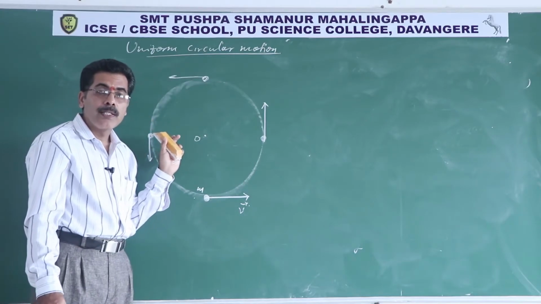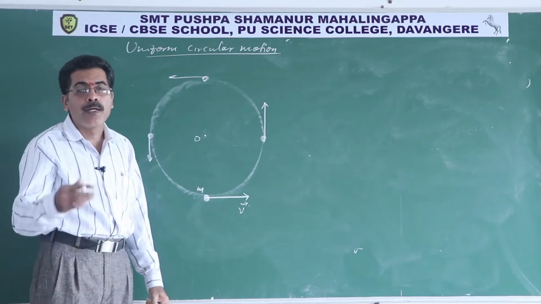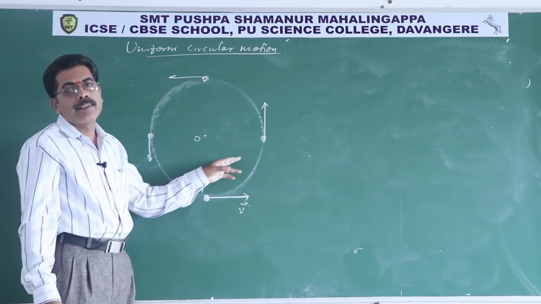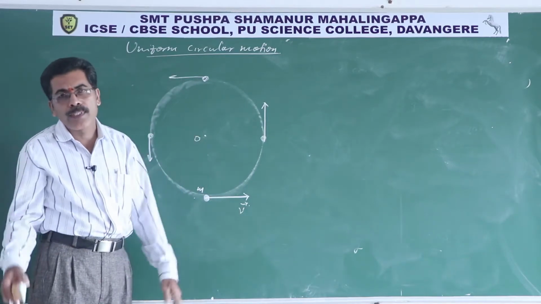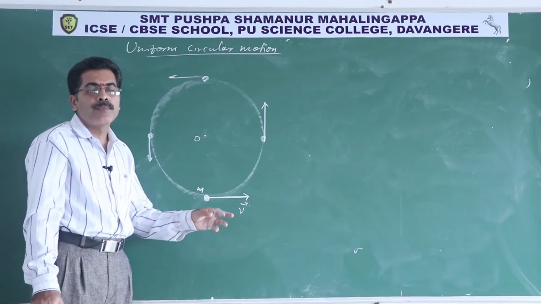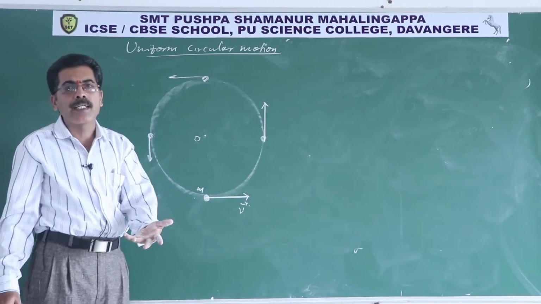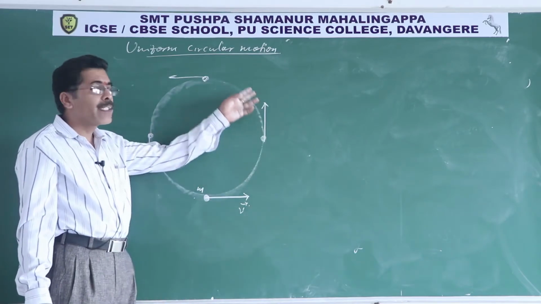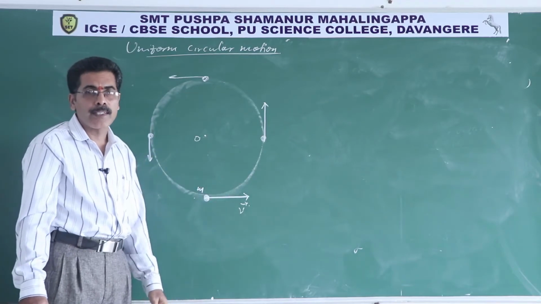Therefore, the particle moving along a circular path is said to have constant acceleration. In this case, since the speed is constant, magnitude of velocity is constant, so the acceleration associated with the particle is also constant. Therefore we say that the particle is having uniform acceleration or a constant acceleration.